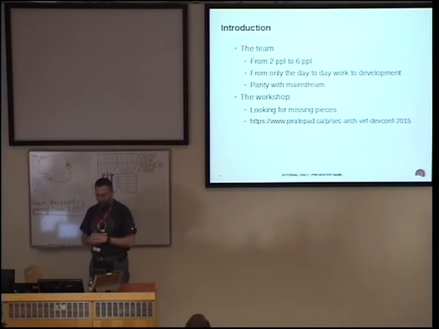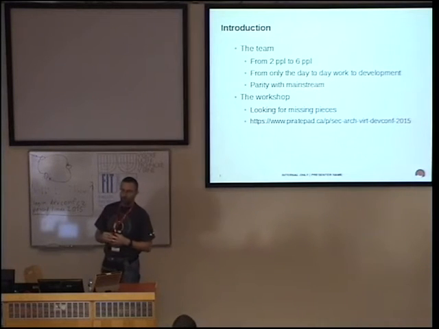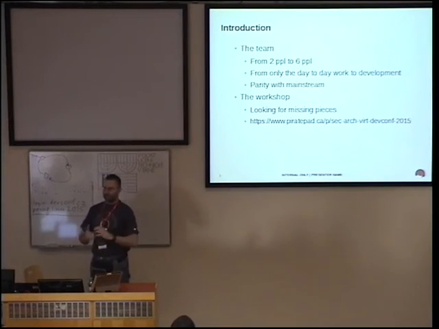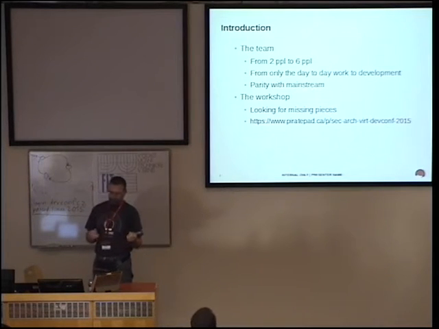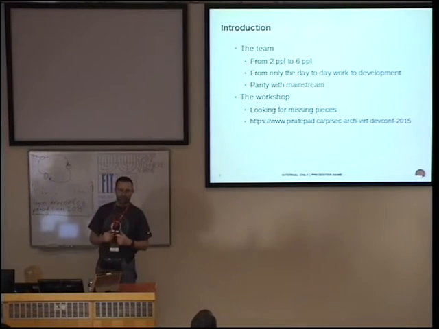So for the team, we grew from 2 people to about 6 people working as a team on the secondary architectures inside Red Hat. First, we were only 2 guys, one working on mainframes and the second one on the Power architecture.